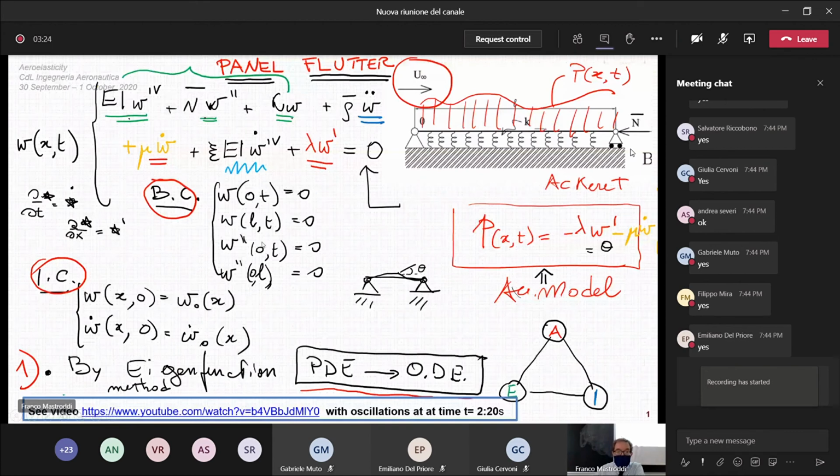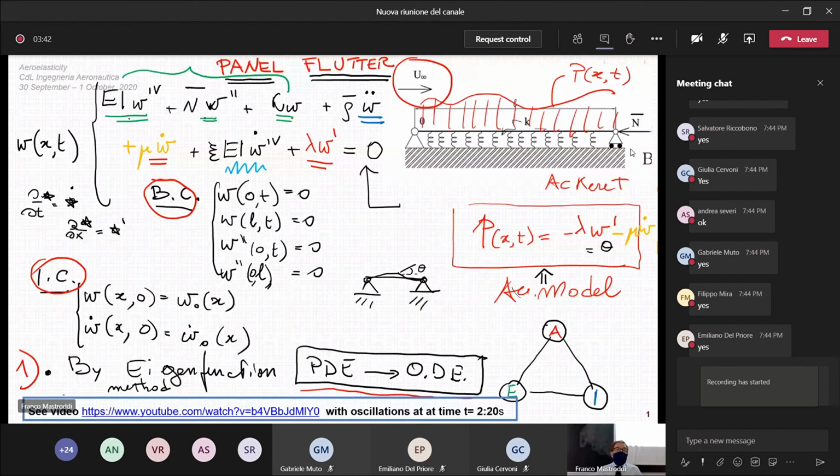We adopt this eigenfunction method consisting of a general technique allowing to transform a partial differential equation into an ordinary differential equation.